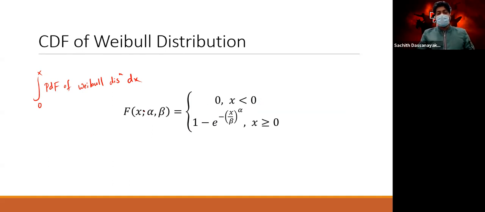Since it is defined to start from 0, for x less than 0 the probability is 0, and this is the CDF for all x values greater than 0. Again, you can use this to find whatever you need. Okay, clear?